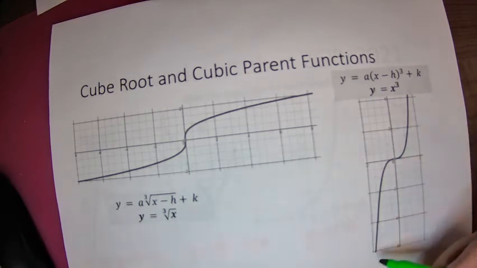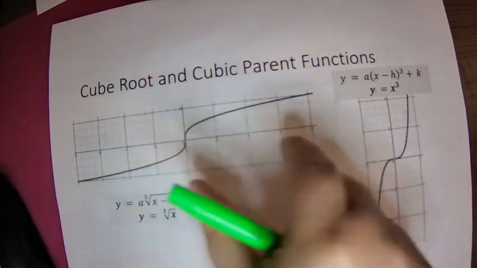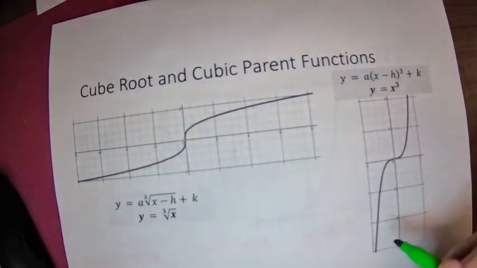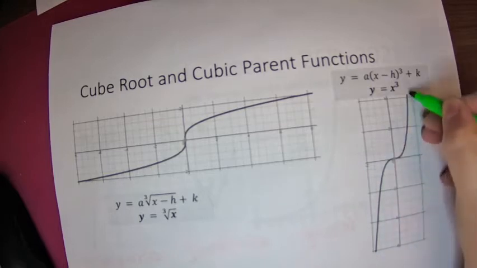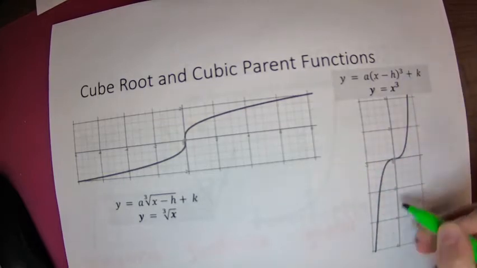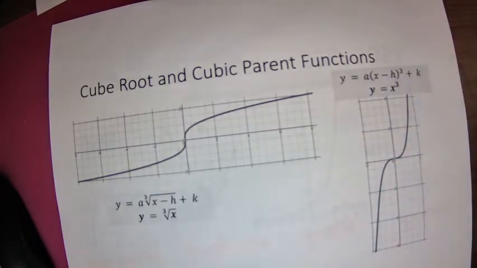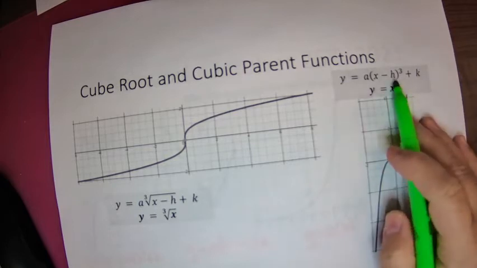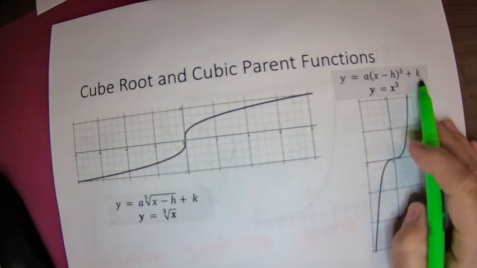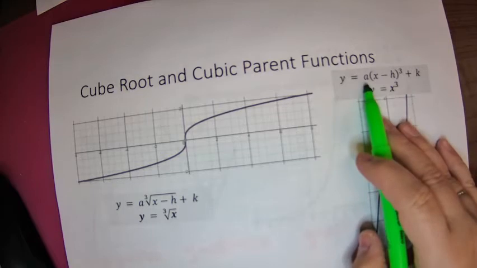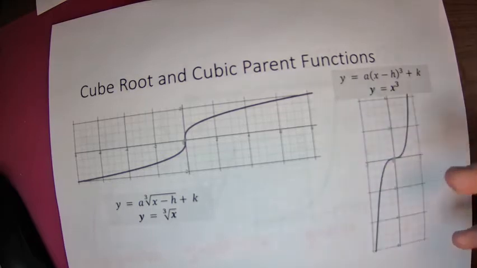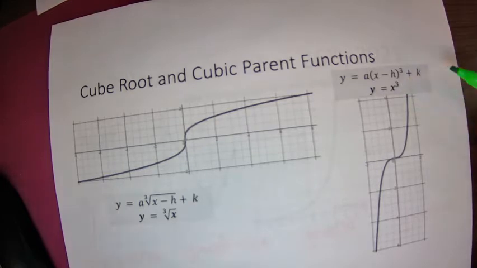And then the cube function kind of looks like this, just turned, because they're inverses. So he looks like an S, but with one arm down and one arm up. Again, the h will shift us left or right. The k will shift us up or down. This makes him skinnier or fatter, or if it's negative, it will flip him. But what I've graphed for you is the parent function.